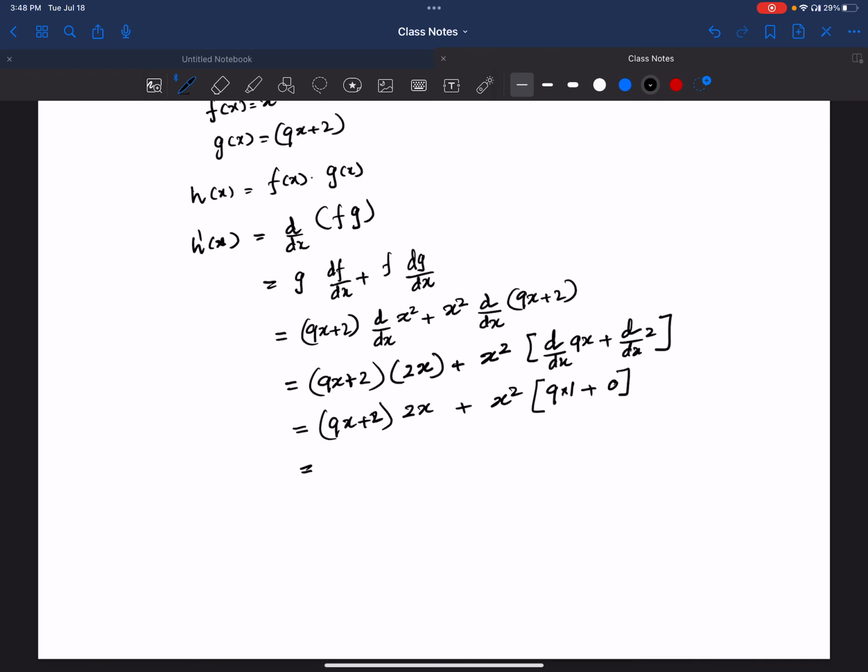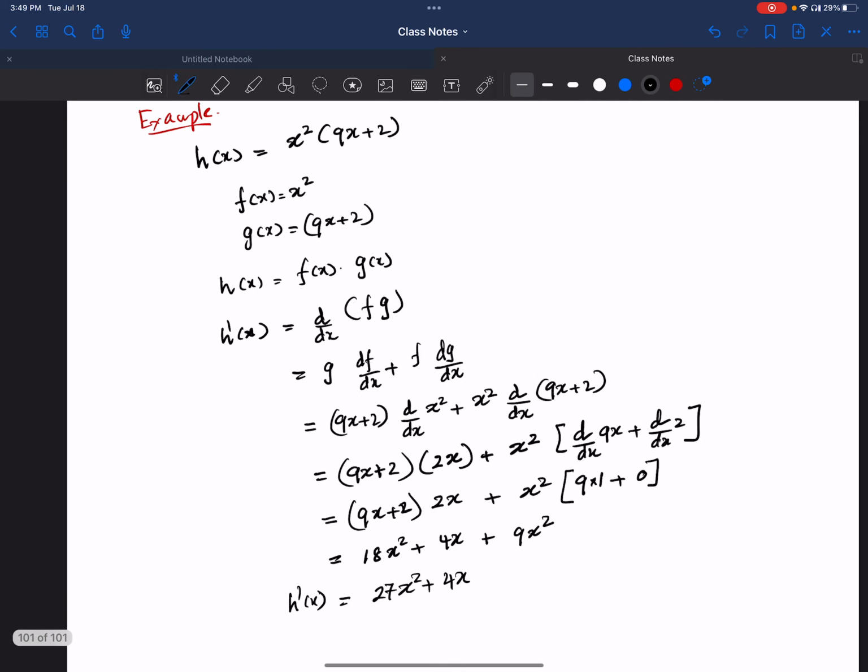So we have here 18x squared plus 4x plus 9x squared. So altogether 27x squared plus 4x. That's h prime x.